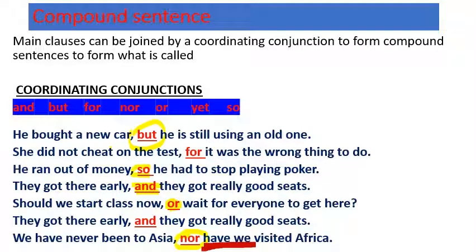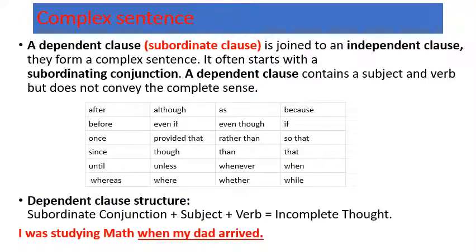This is for the compound sentences. As I said, I won't go into the details of compound sentences because it's not that difficult to talk about. Complex sentence. Fine. Before going into the details of complex sentences, let's investigate what the meaning of dependent clause is. We talked earlier about independent clause. Now, a dependent clause or subordinate clause is joined to an independent clause.